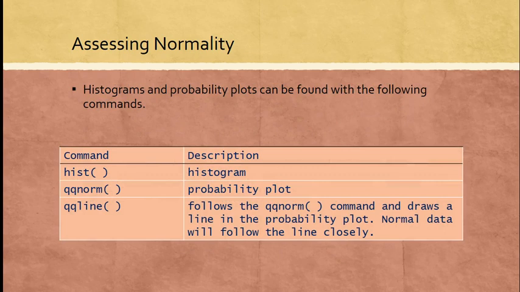As far as commands go in R, the big 3 commands this week: the hist command will give you a histogram. The qqnorm command will give you a probability plot, and qqline will add a line to the probability plot, so it's a little easier to assess.